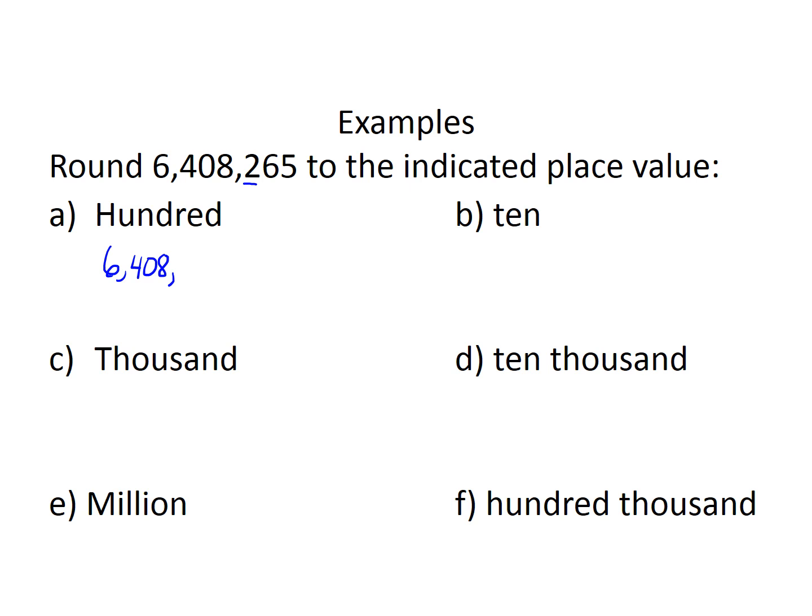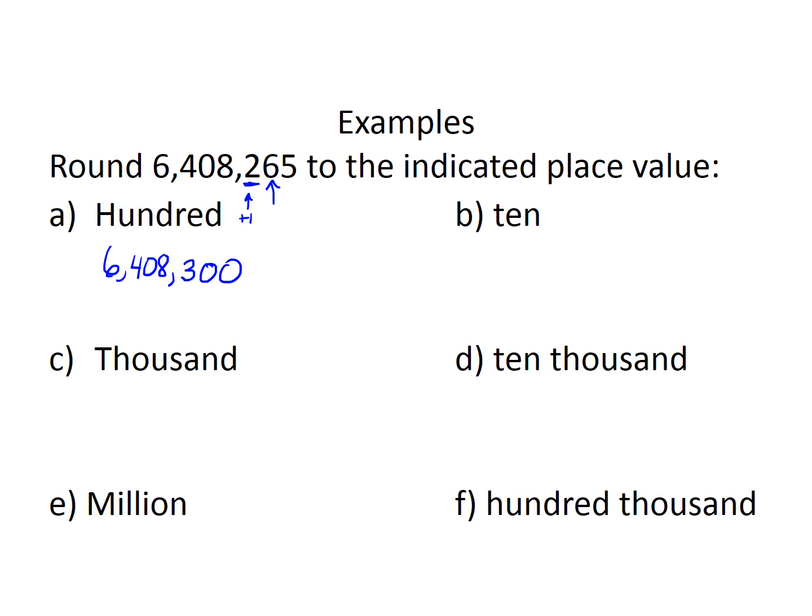Since we want to round to the nearest 100, we locate the hundreds place, and if the number to the right is 5 or greater, which it is, you add 1 to the place that you're rounding to. You add 1 and you replace the other ones with zeros. So obviously this one is closer to 6,408,300, which you can kind of look at anyway and see 265 is closer to 300 than 200.